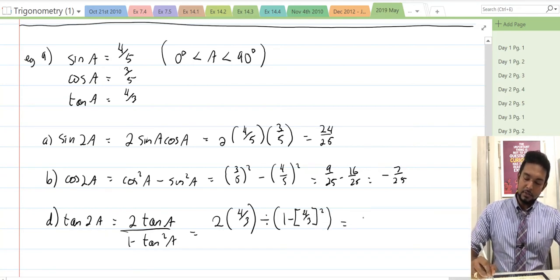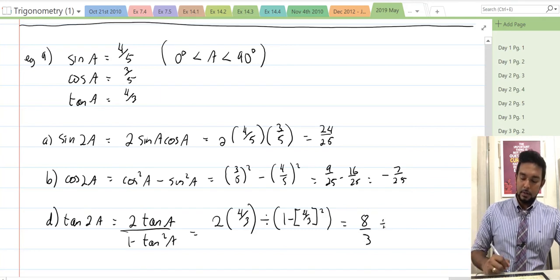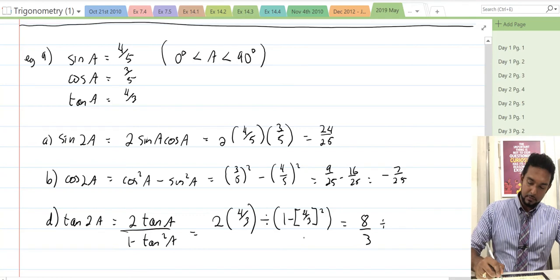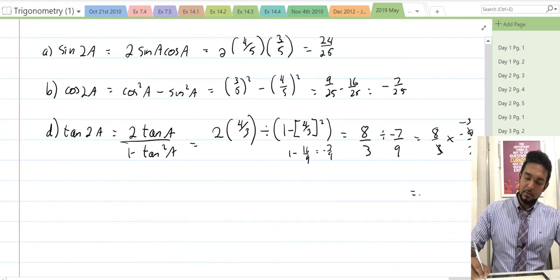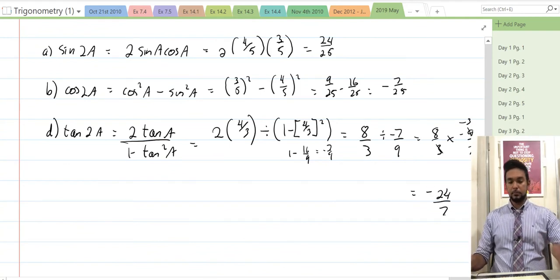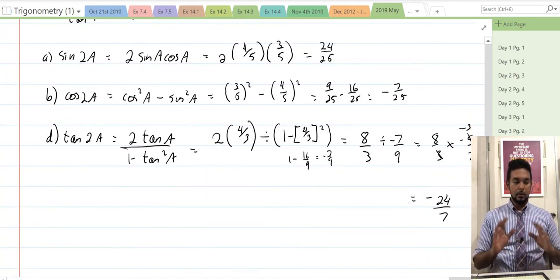So 2 by 4/3 is 8/3. 4/3 squared is 16/9, right? 1 minus 16/9 is minus 7/9. So 8/3 divided by minus 7/9, and we're going to invert and multiply. Multiply by minus 9/7. 3 will cancel with 9, minus 3 times. So we're going to get minus 24/7. All right. Okay.